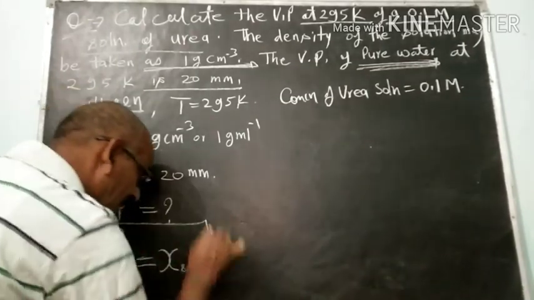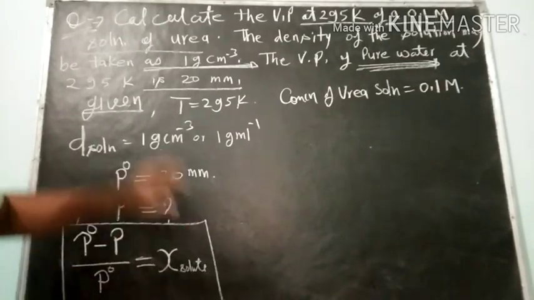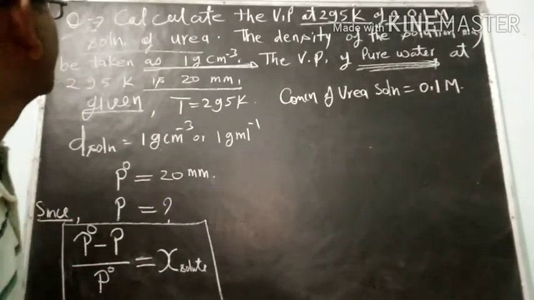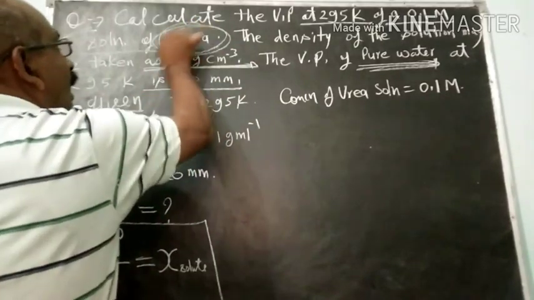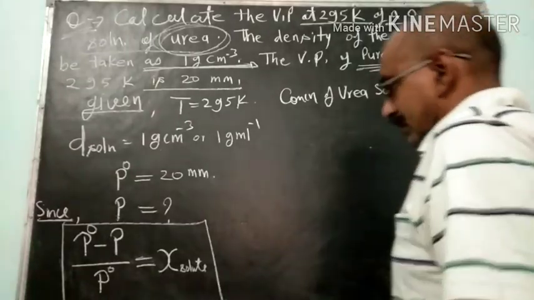This is the formula. So here the solute is urea and the solvent is water.